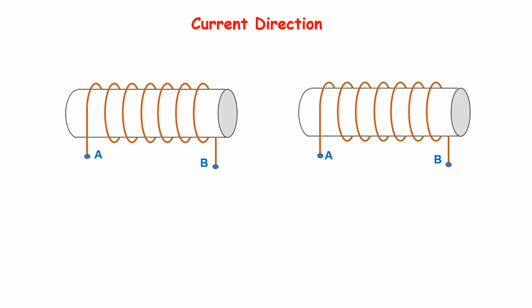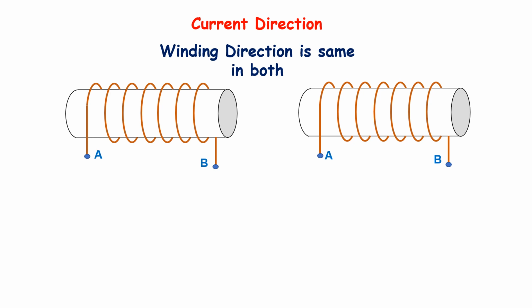We will see the current direction in two different figures. We have here two coils wound on different cores. The winding direction is same in both the figures.